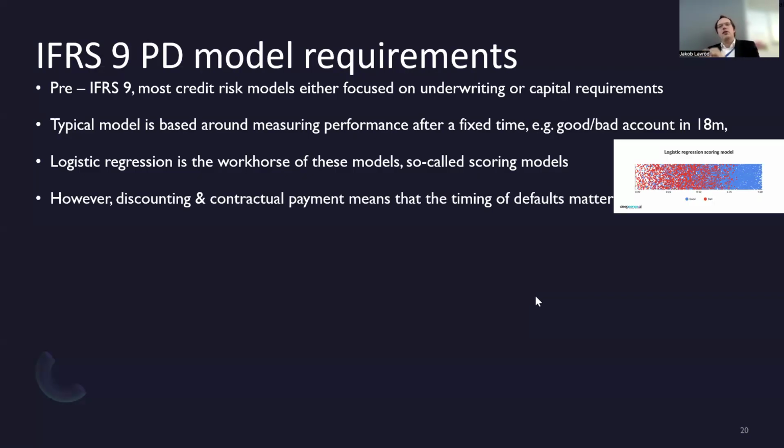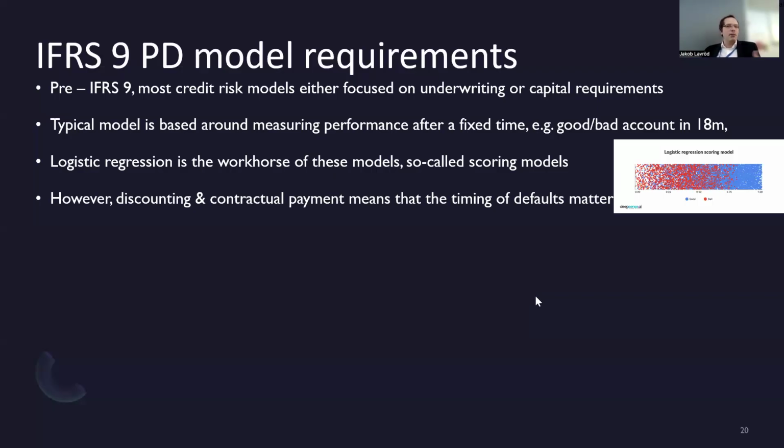But IFRS 9 requires you to have a different mentality because, as we saw before, you're working with discounting. You're trying to answer not only will the customer default, but when will they default. And as we said before, if they default 100 years from now, that's the same default as if they default one day from now.